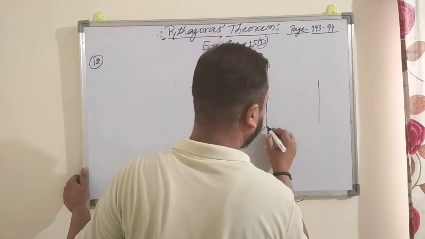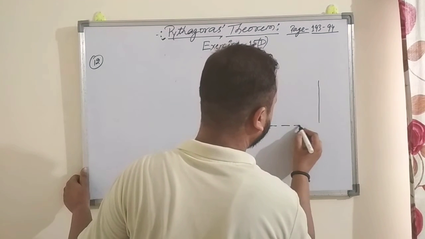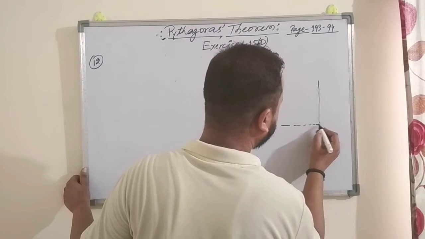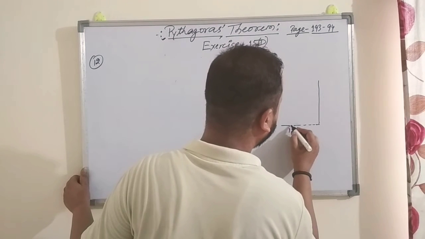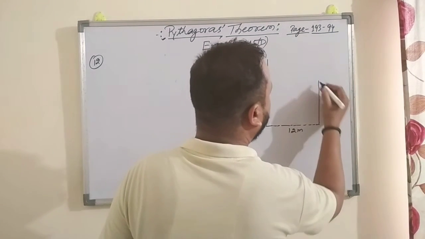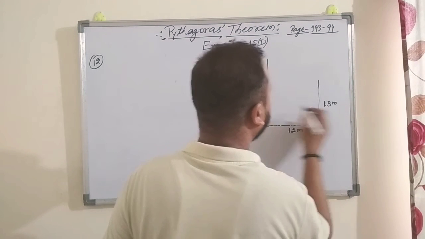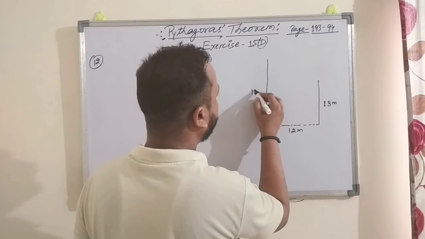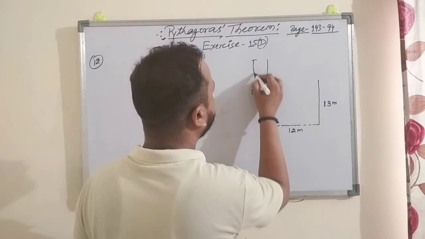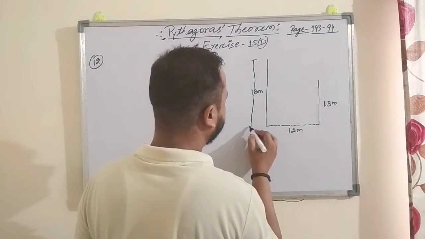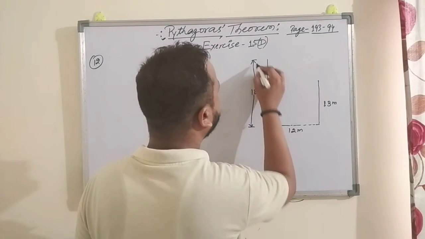They are at the same level. So this distance is also given as 12 meters. The height of this pole is 13 meters, it is given, and the height of this pole is 18 meters. Means from here to here, this is 18.